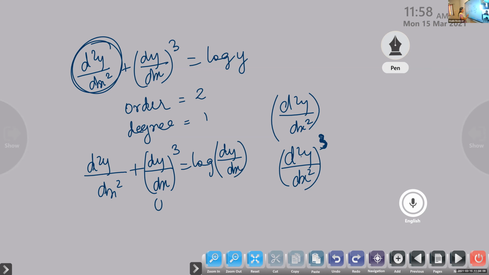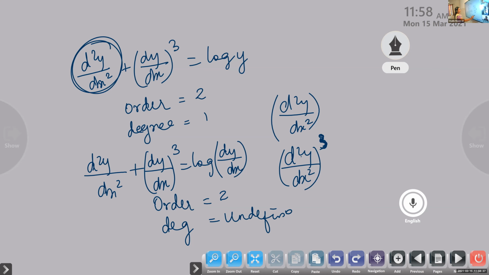What is the order? What is the degree here? Aishwarya? Order is 2, degree 1. Order is 2. Karthik, what is the degree here? Undefined, not defined.